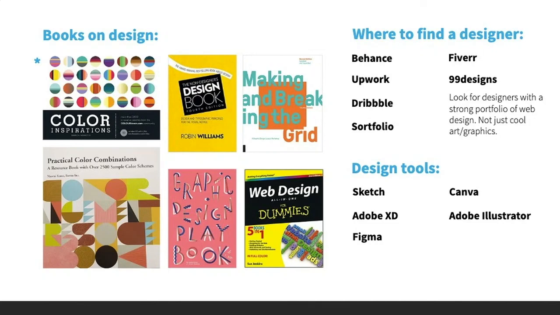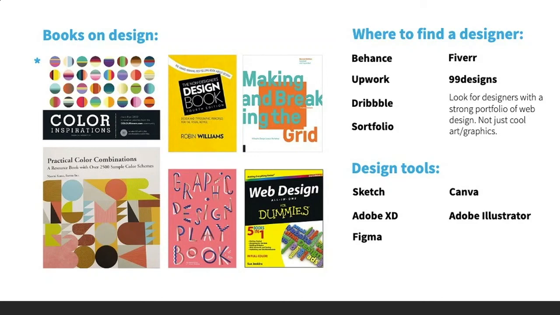So if budget is something you have to take into consideration, maybe start with Upwork and poke around there, see if you can find somebody. Again, it's really important that you look for somebody with a strong portfolio that has examples of web design, not just art and graphics. And I'll show you some examples of what to look for in just a moment.